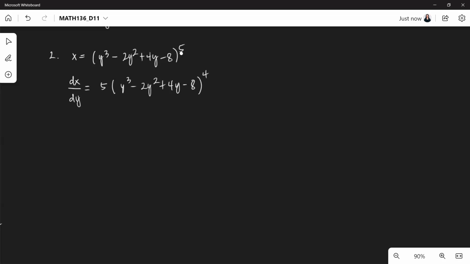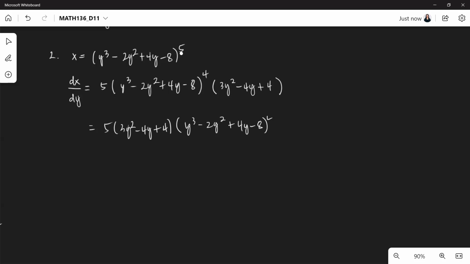And then using the chain rule, multiply it with the derivative of the base, or the u, with respect to y. So we have 3y squared, minus the derivative of 2y squared, which is 4y, plus the derivative of 4y, which is 4. Put the 3y squared minus 4y plus 4 here. There's no need to multiply 5 to each of the terms in the trinomial, so just copy them.